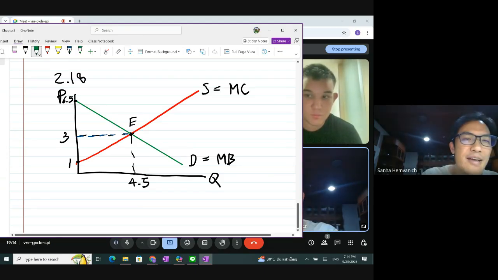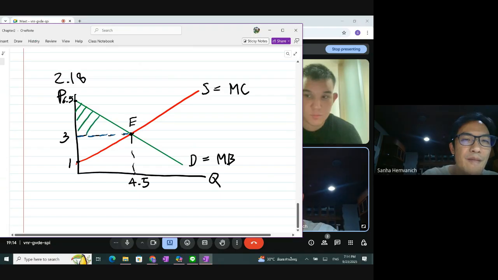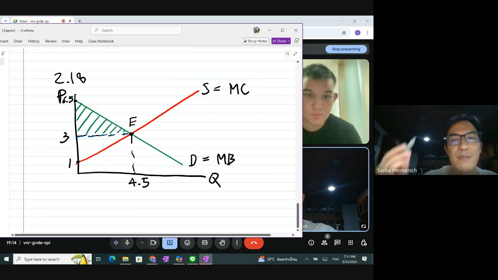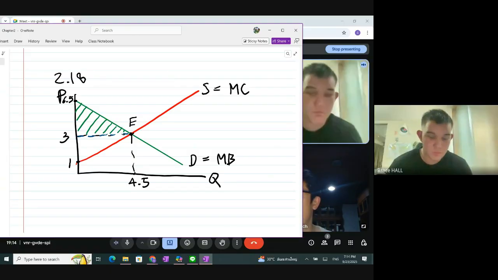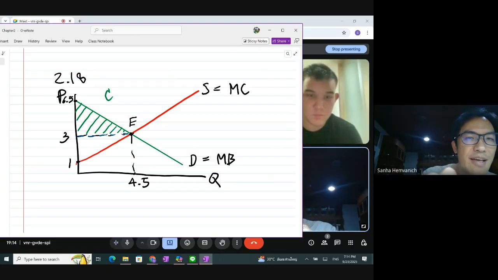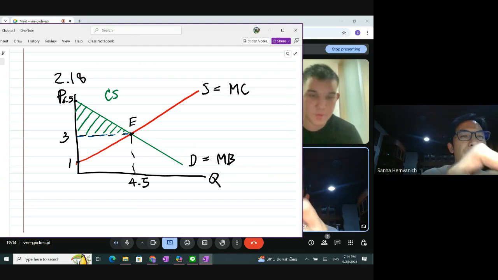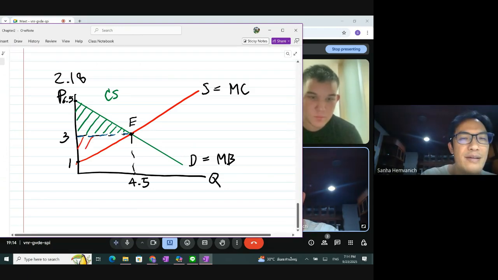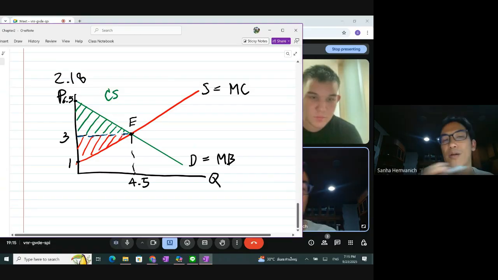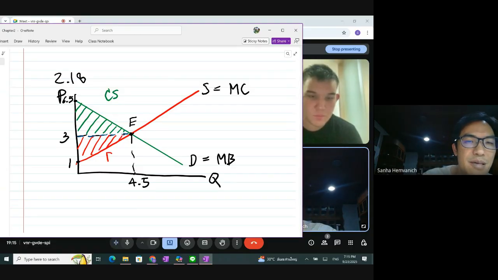This area is below the demand curve but above the equilibrium price. So that is your CS, consumer surplus. And this area, below the price but above the supply curve, is producer surplus.